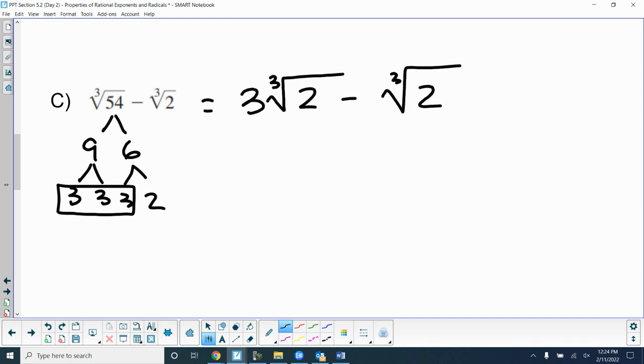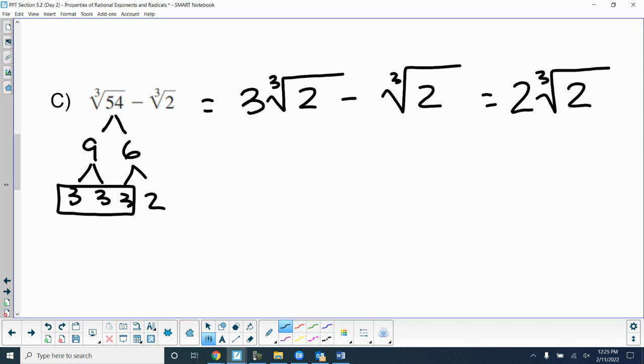Now are they like radicals? Yes. So what's 3 cube root of 2 minus cube root of 2? Correct, because there's a 1 in front if there's no number there, right? Just like 3 minus 1, right?